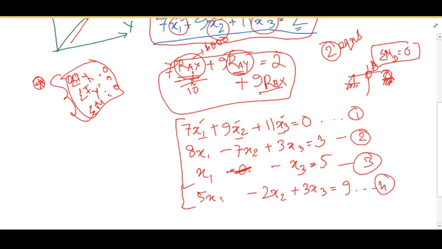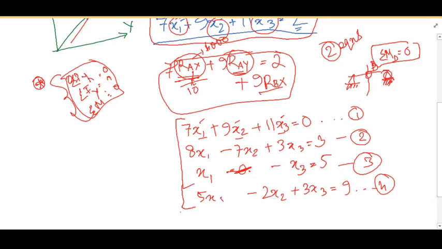So as I don't know any value of x1, x2, x3, and I'm just giving the equations, when I am giving 3 equations like this, you know that you will be getting a particular set of solutions, x1, x2, x3. One particular set of solutions you'll be getting from there.